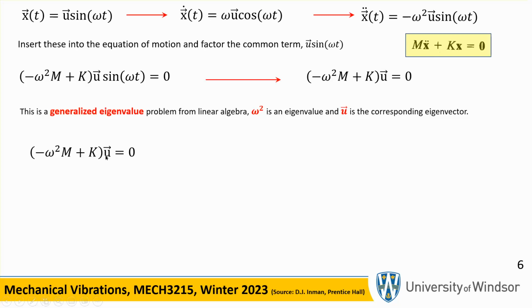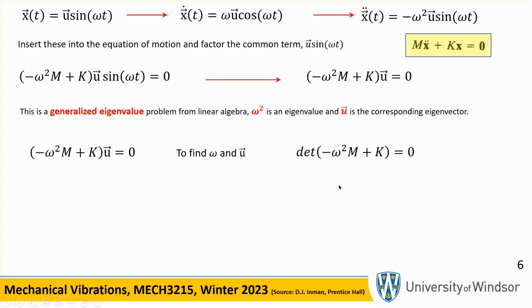So this cannot be 0. How can a matrix times a vector which is not 0 be equal to 0? The only way that can happen is if the determinant of this thing is 0. So the only way u can be a non-zero vector is if this is 0. Okay?